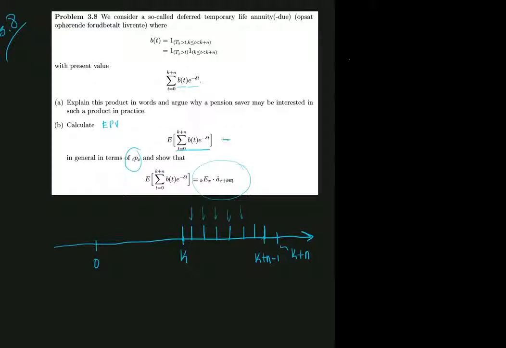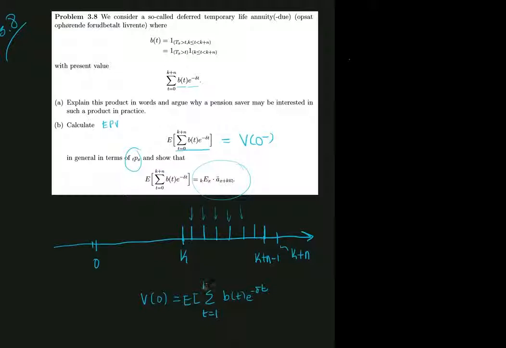And what we actually have here is the thing that we call V of 0 minus, where we stand right before time 0 and consider the expected present value of all of the future benefits. The reason why we don't write V of 0 is because V of 0 is actually the expected present value of all of the benefits discounted back to the present, where we only look at strictly future benefits.